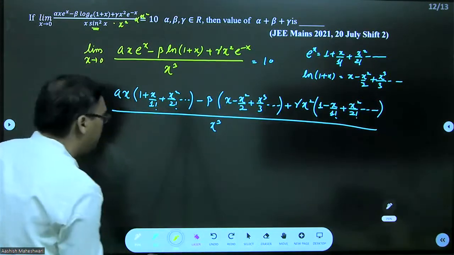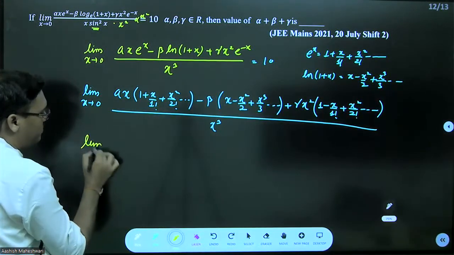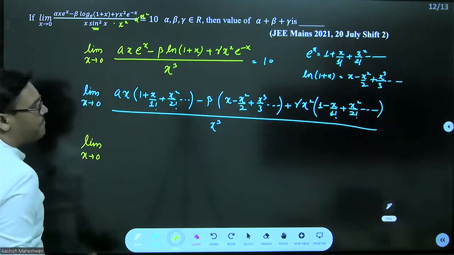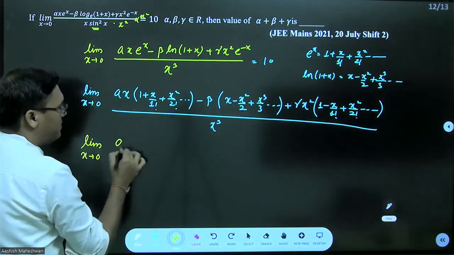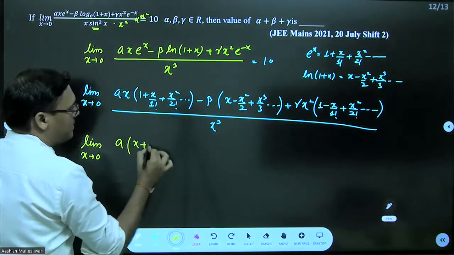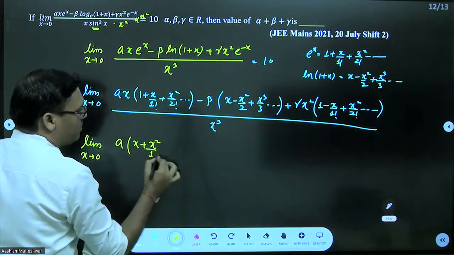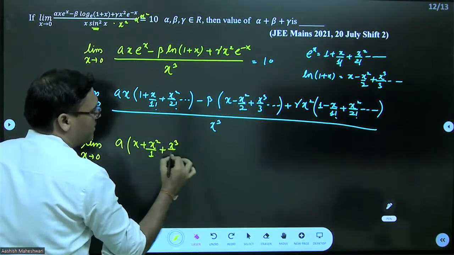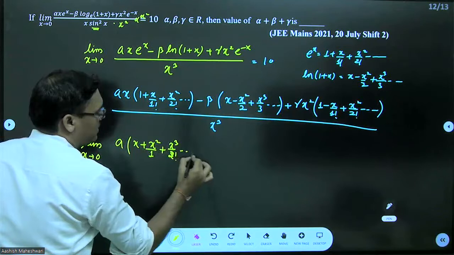Now see, this is limit x approaches 0. If I just simplify this, this is alpha x plus x square upon 1 plus x cube divided by 2 factorial, and so on.